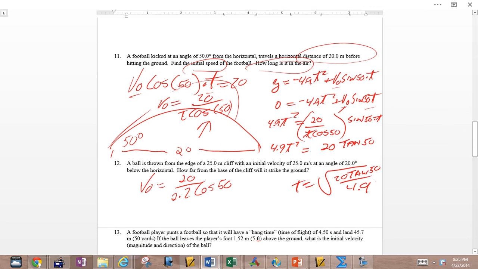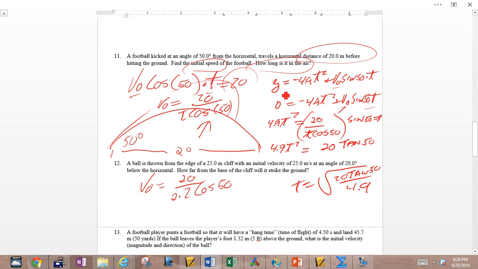Here's an interesting problem. Number 11: a football kicked at an angle of 50 degrees from ground level. It travels 20 meters. We want to know how long it is in the air and what its initial velocity was. Here are our equations. Our x equation: v0 cosine 50 times t is equal to x, which we know is 20 meters.